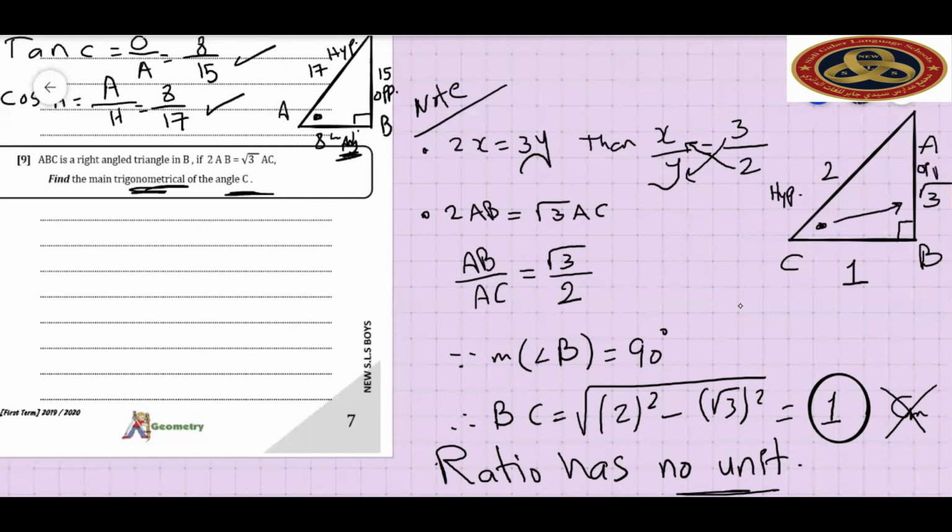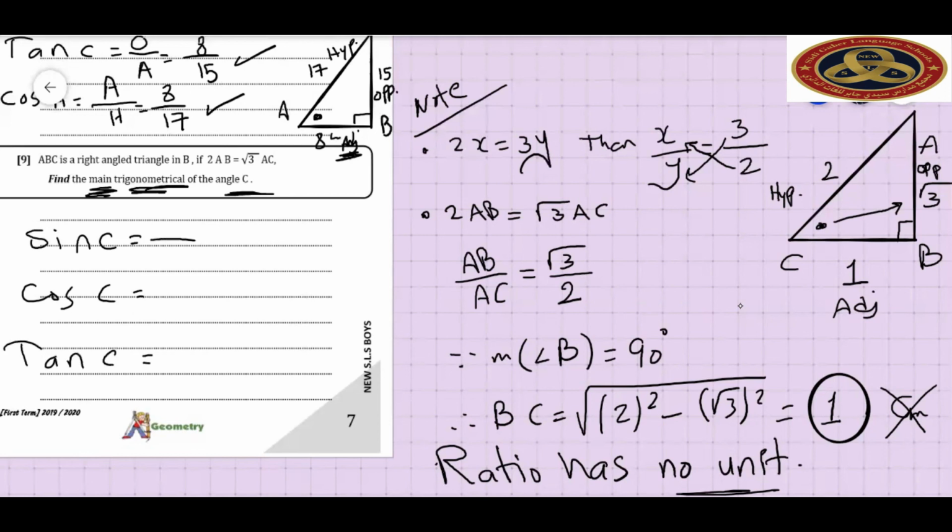Excellent. AB. And BC is called adjacent. So he asked me to find the main trigonometrical ratios. What are the main trigonometrical ratios? Sine C and cosine C and tan C.